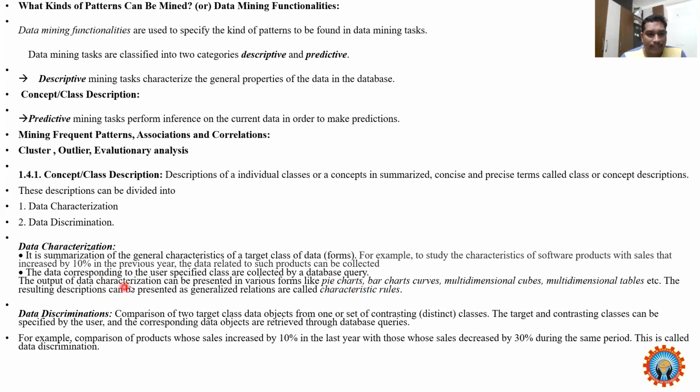And the output of data characterization can be presented in various forms; now we will show the difference from the previous academic year and this academic year with the help of pie charts, bar charts, multidimensional cubes and multidimensional tables. So all comes under data characterization, comparing our class with the previous or target class. Okay, data discrimination is comparison of two target classes. Now this is one target class and this is the second target class.